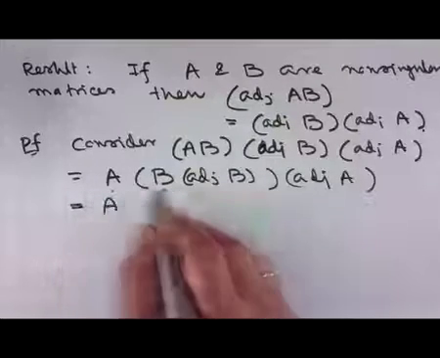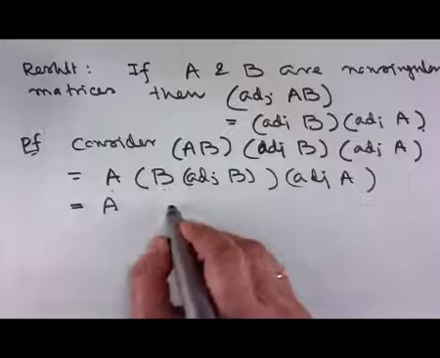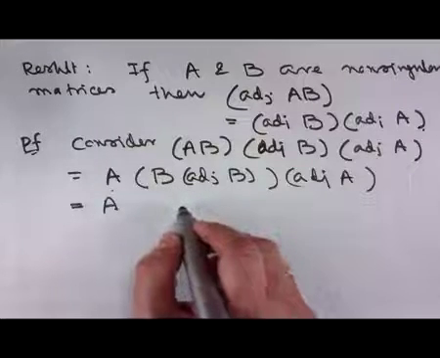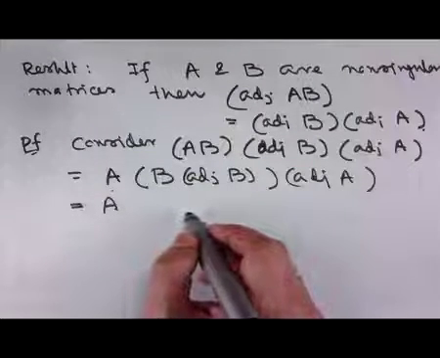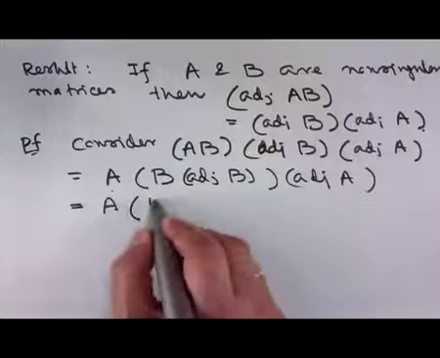Now, we know that B into adjoint of B is equal to determinant of B into identity.